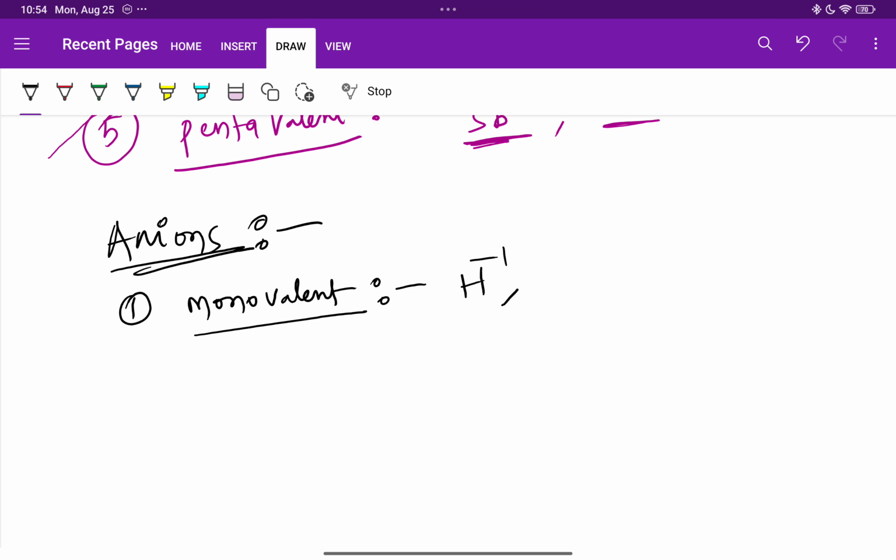Then the second one we have bivalent or divalent anions. So the atom will get minus 2 charge, or a group of atoms will get minus 2 charge.